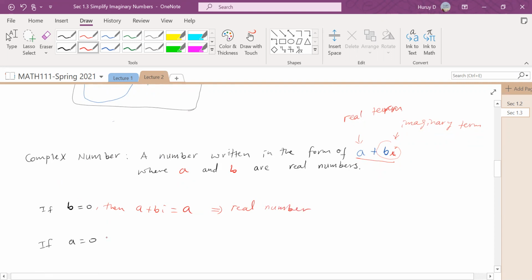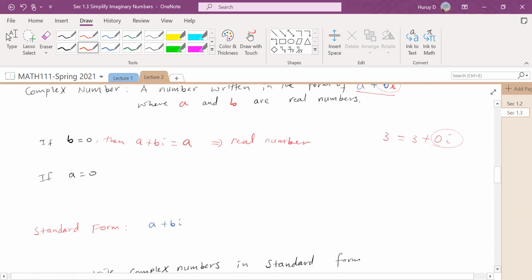Which means all real numbers are complex numbers. They can be written in this form. For example, 3 is just 3 plus 0 times i, because this is still 0. So I can write it in this standard form. So this format is still a complex number format. Therefore, all real numbers are complex numbers.